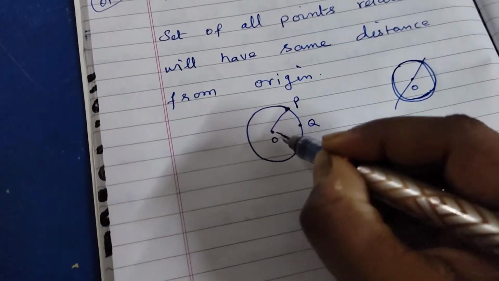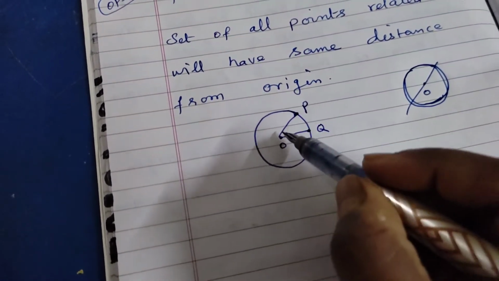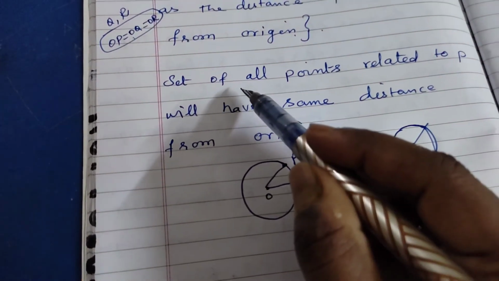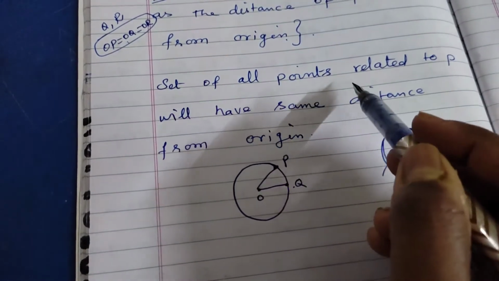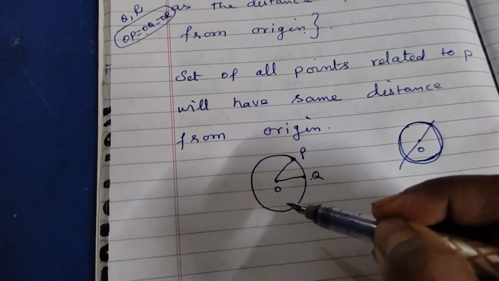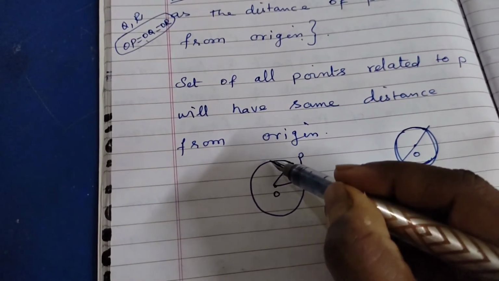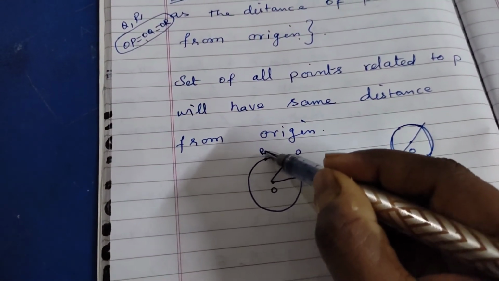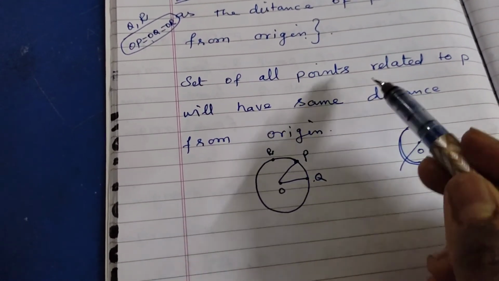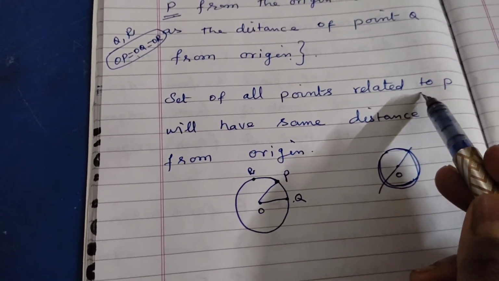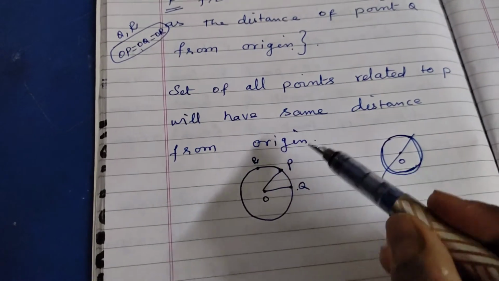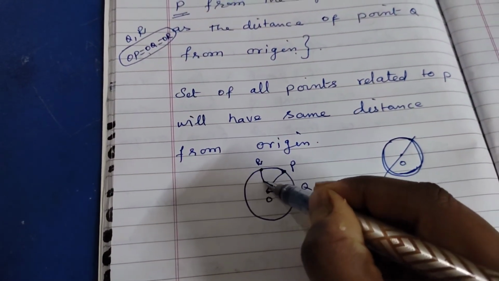This is the point Q. OP equals OQ. Set of all points related to P means P, Q, R, S, some other points. Assume this point as R. So all the points related to the given point P will have the same distance from the origin.